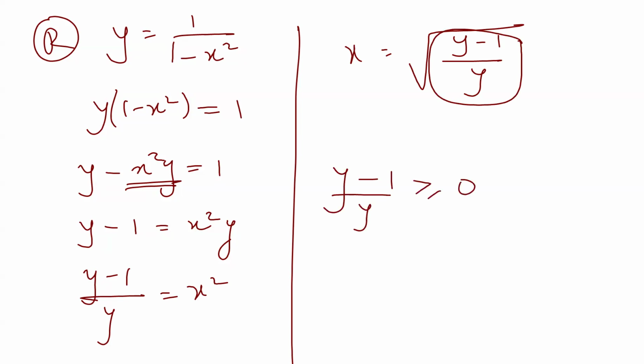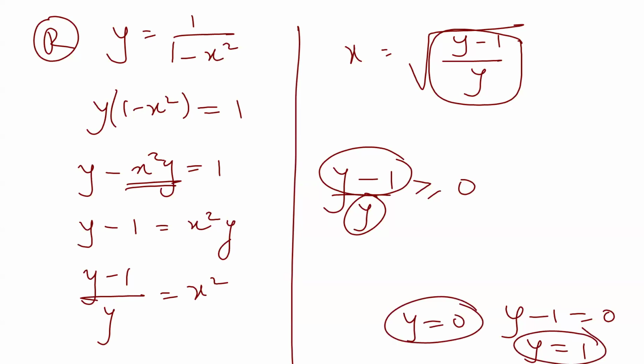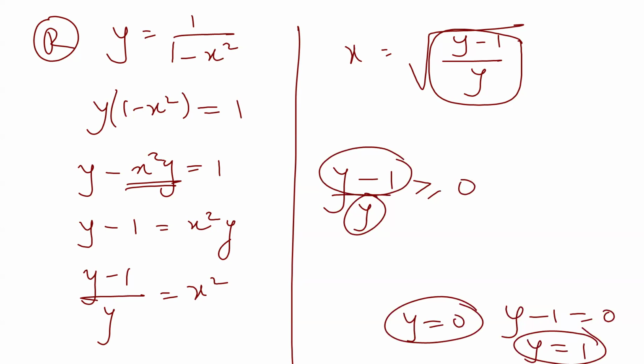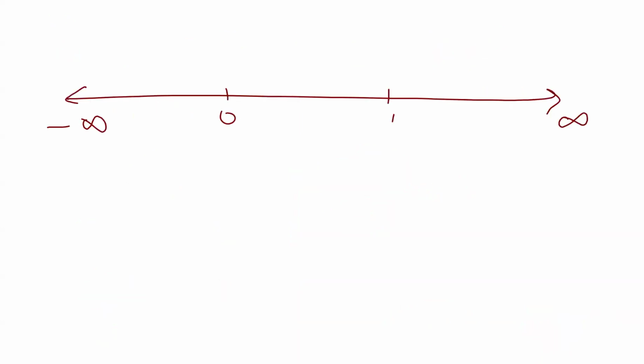So I'll draw a number line and find the critical values. y minus 1 equal to 0, so y is equal to 1, that is the first critical value. And equate y to 0, so that's 0 itself. So 0 and 1 are the critical values. We have to test one value over here. Let's take y as 2.